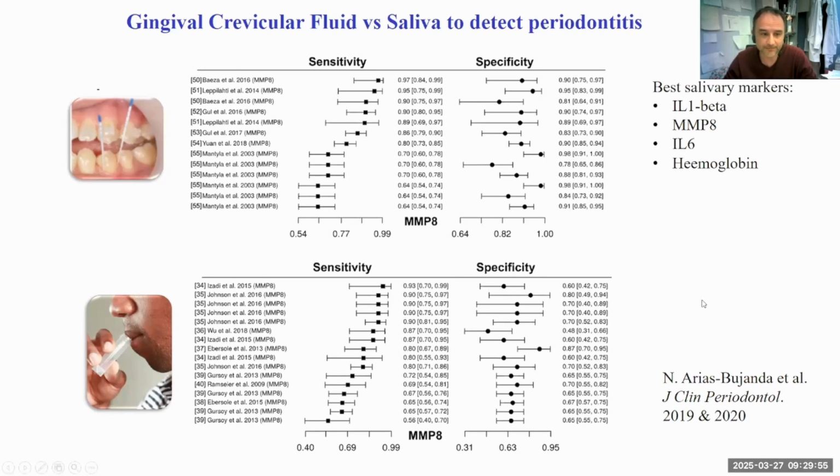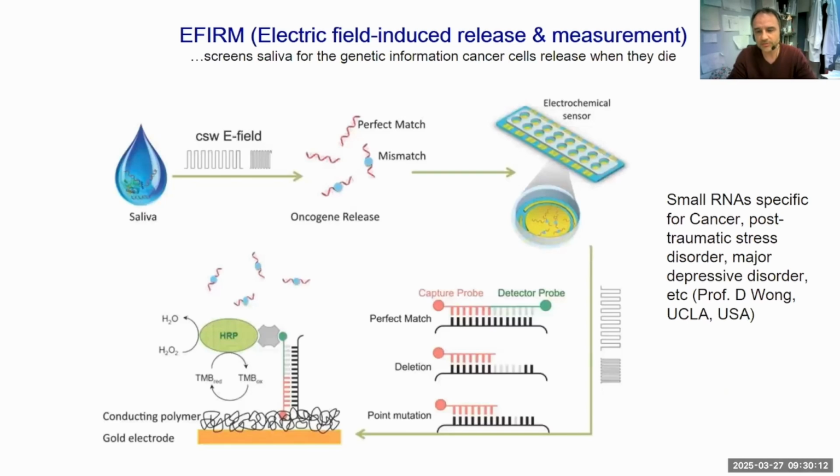So this means that with an easier to collect sample like saliva, you can measure particular biomarkers which are going to tell you whether that person has the disease or not, and the degree of the disease. But I want to take it further, because not only do we have biomarkers of oral diseases in saliva.